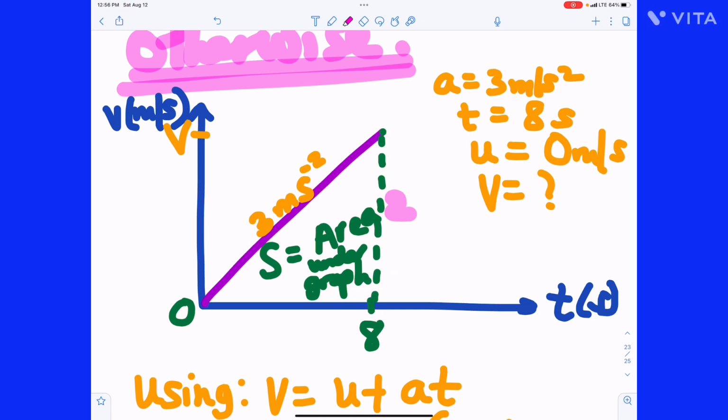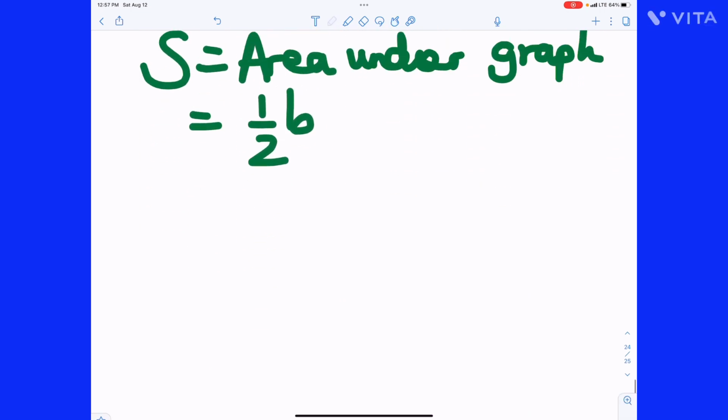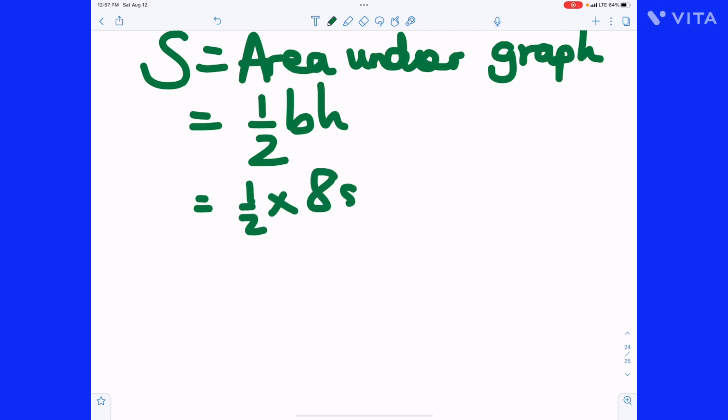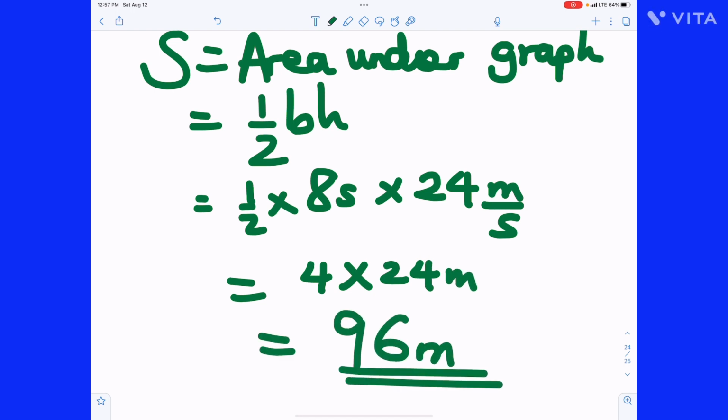This height is the same thing as this v. Do you understand what I'm showing you? So my area is half times the base, which is 8 seconds, times the height, which is a velocity of 24 meters per second. That gives me 4 times 24 meters. Distance traveled is 96 meters.